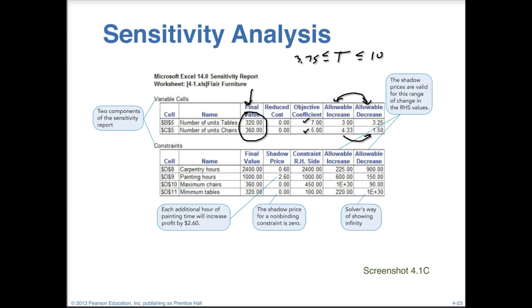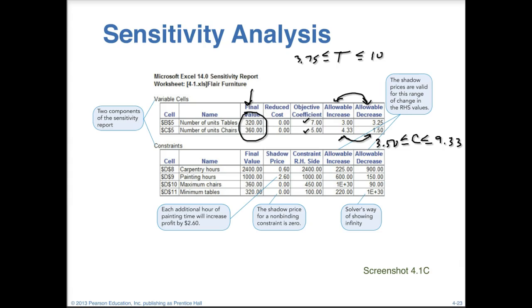Of course, here we're saying the same thing for the amount of chairs. On the high end, we just have to add $4.33 to that, so we can have no more than $9.33 profit, and on the low end, we have to subtract $1.50, so that would end up being $3.50. So as long as the chairs stay within $3.50 profit to $9.33, then we can still keep our same solution.